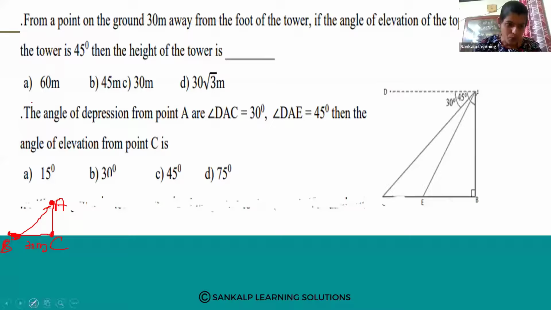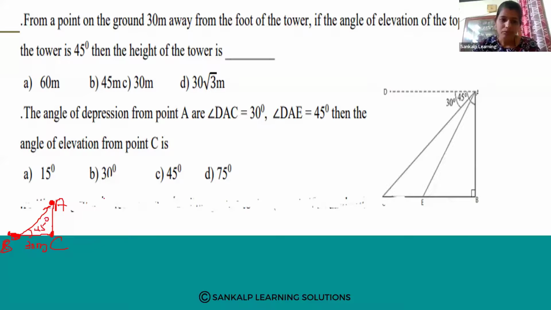So you are standing at point B, you are looking towards point A, then here it makes an angle of elevation that is 45 degree. Yes or no? So 45 degree they have given. And we need to find out the height of the tower. We don't know how much the height of the tower is, but we know the angle of elevation. Yes or no? That is 45 degree. Okay.